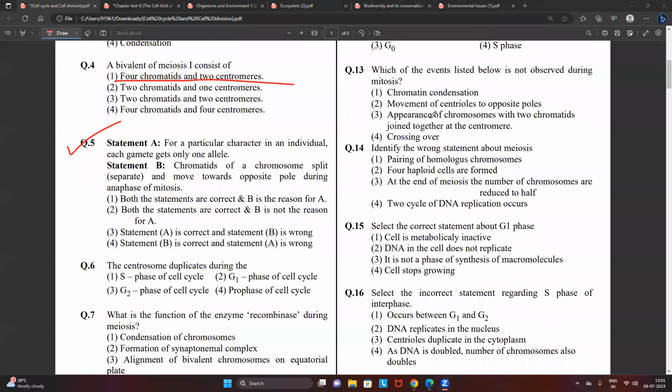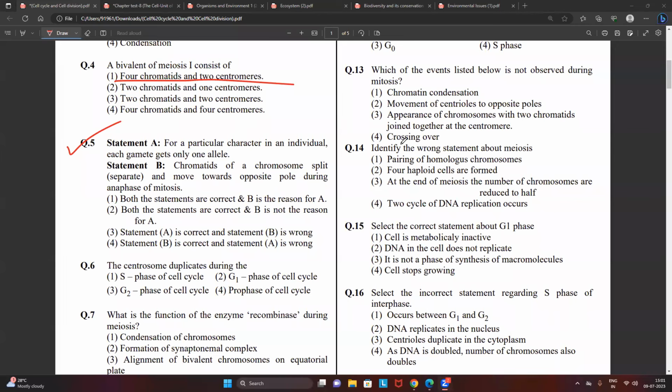Slowly, friends. Take your time. Is it 1 or 2? Maheshwari, is it 1 or 2?